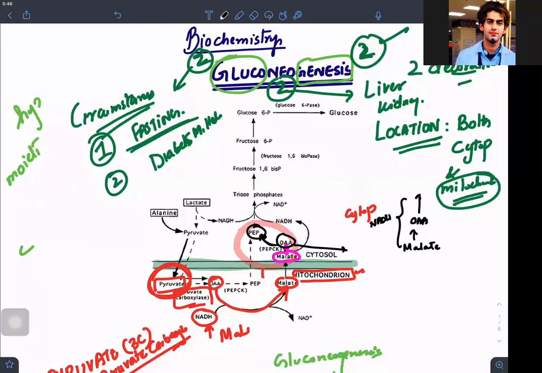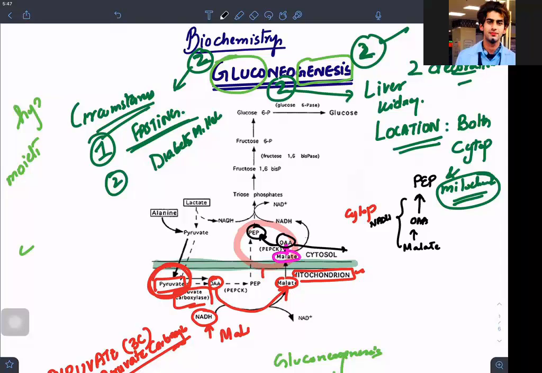What is PEPCK? Phosphoenol pyruvate carboxykinase, which will convert this oxaloacetate into PEP.